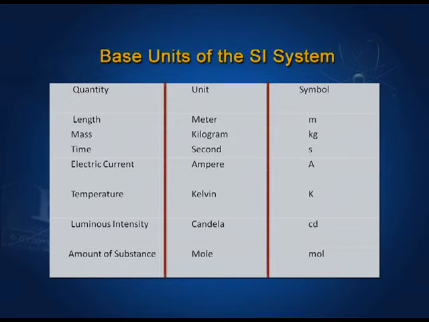Electric current, the unit is ampere and the symbol is capital A. Temperature, the unit is Kelvin and the symbol is capital K. Luminous intensity, the unit is candela and the symbol is small cd. Amount of substance, the unit is mole and the symbol is mol in small letters.